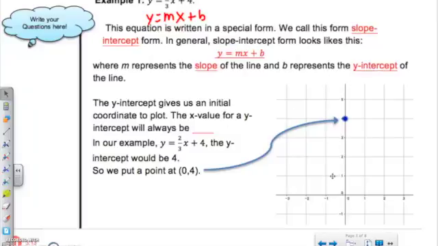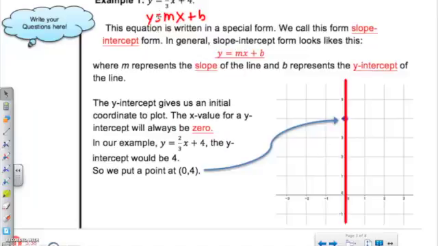Since the y-axis goes straight up and down, your x value for a y-intercept will always be 0. For it to be able to cross the y-axis, which is this line here, your x value is always going to be 0. Notice every single place here we didn't go left or right at all. Our x value is 0.